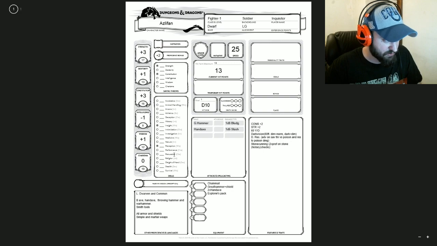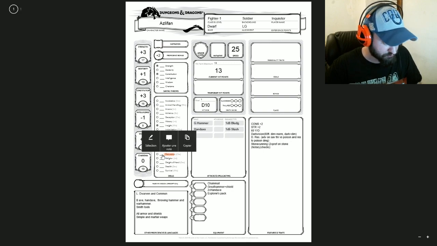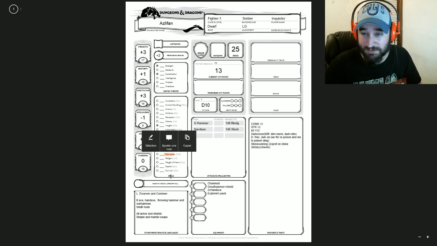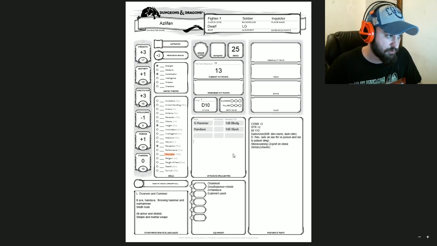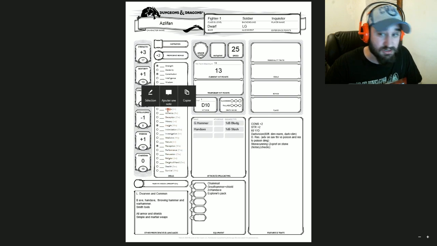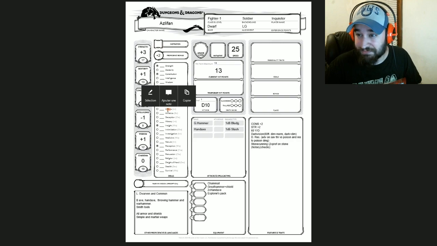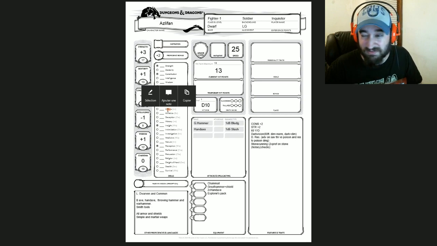So for example, if I were to persuade someone, I would have to roll a d20, and if I roll 10 in a d20, that's a 10, and if I roll 20 in a d20, I roll a 20.